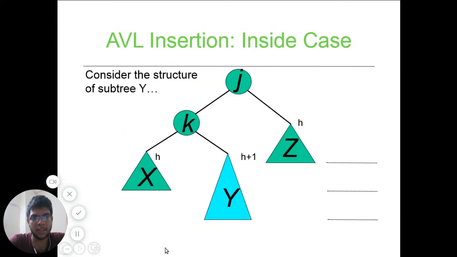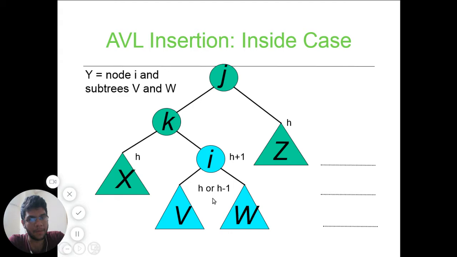So this was the initial structure that happened when the insertion happened in the right subtree of the left child of the disturbance node. J is the disturbance node. So insertion happened in the left child's right subtree, Y. We can think of Y as a subtree made of a node I and two subtrees V and W. Why do we know that this node I exists?